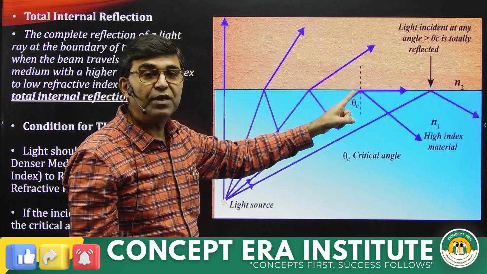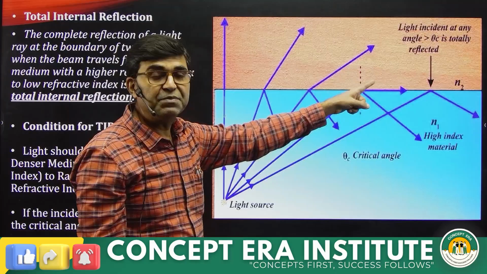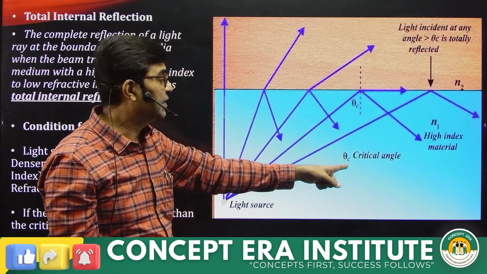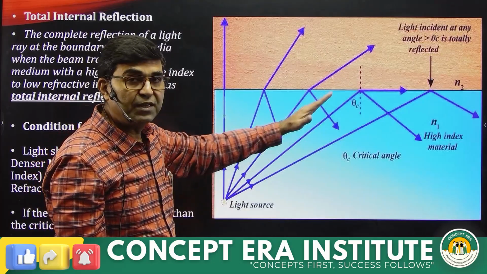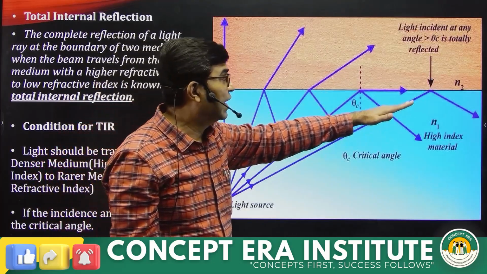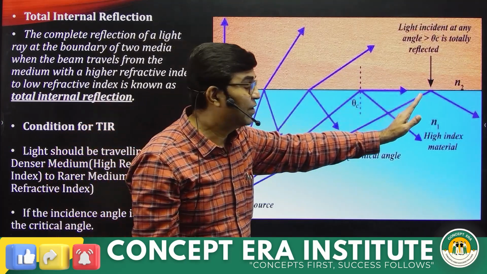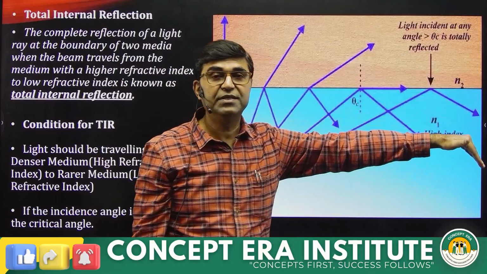That particular angle of incidence for which the angle of refraction becomes 90 degrees is known as the critical angle, theta c. But if the angle of incidence is further increased, that means it is now more than the critical angle, then the light will not be refracted, it will be reflected back into the same medium.